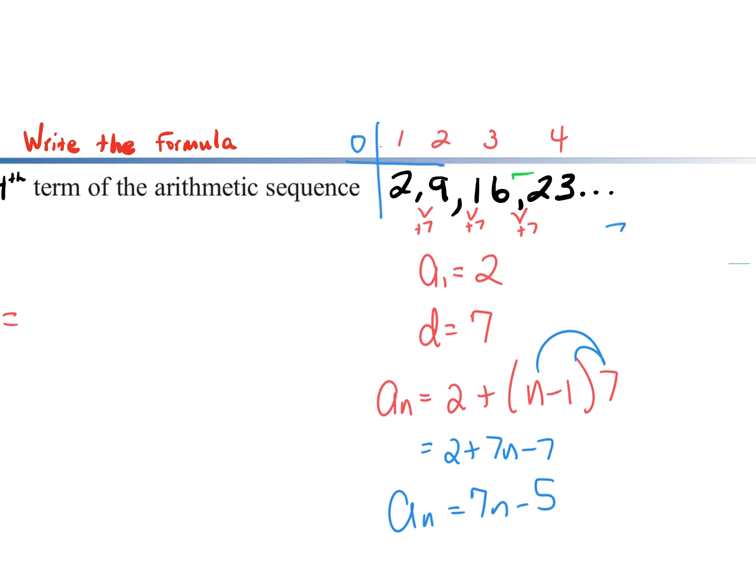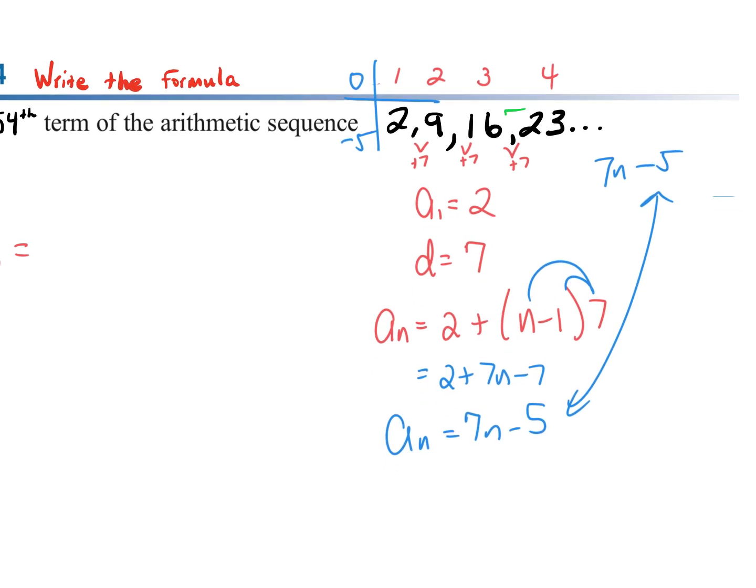I know my slope is 7, so it's 7n. If I'm going forward, I'm adding 7 each time, so if I go backwards, I do what? What's 2 minus 7? Negative 5? Is that the same thing we got there? Okay, so whichever way you want to look at it, I just want you guys to see the correlation between arithmetic and a linear function.